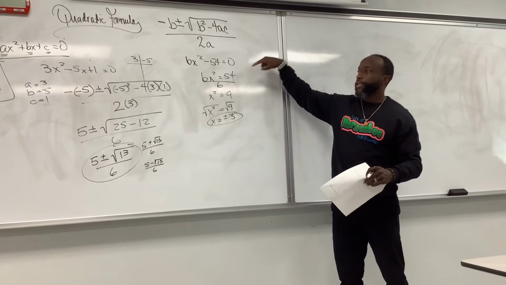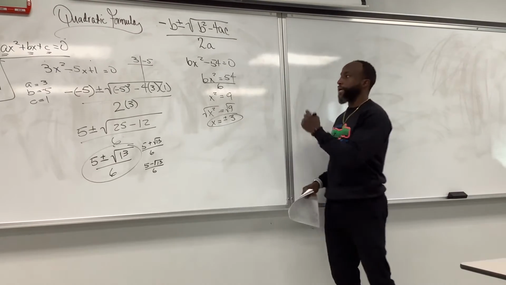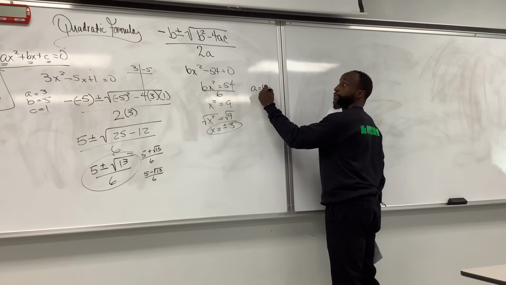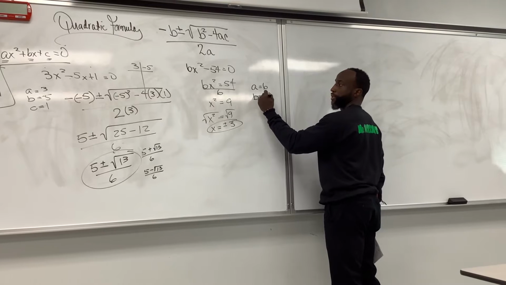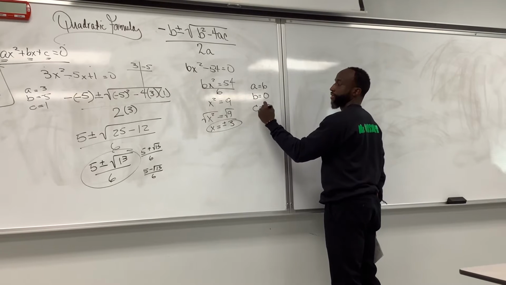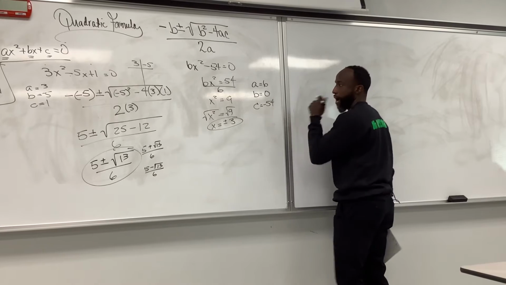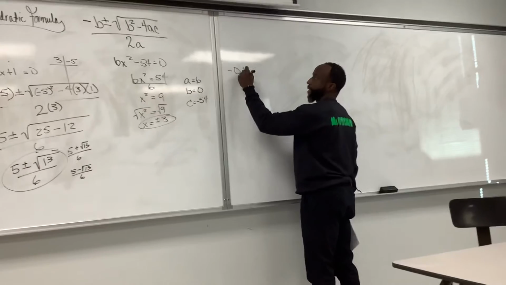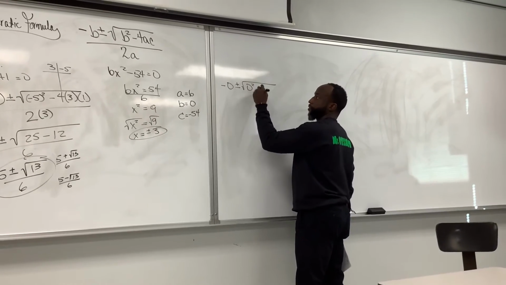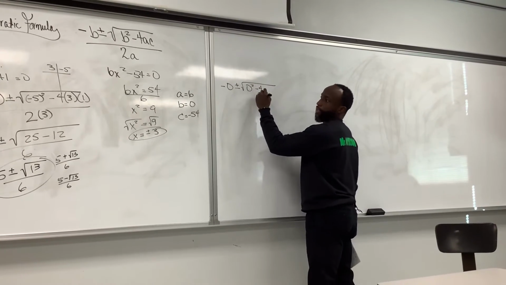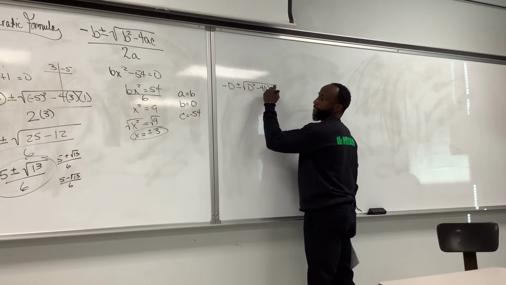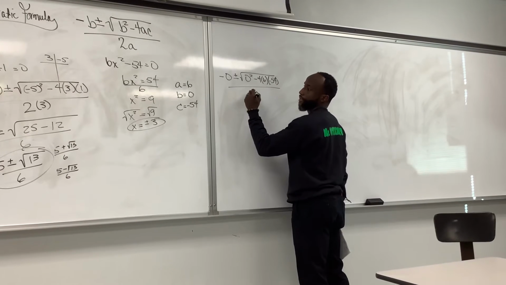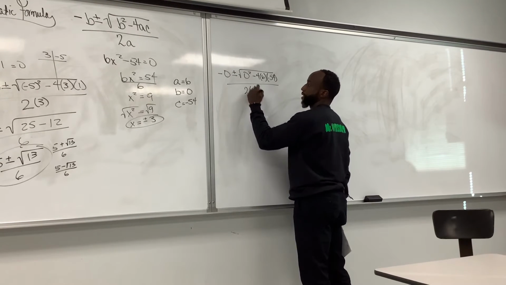But let's do it using the quadratic formula now. So here, what's a? 6. What's b? 0. And what's c? Negative 54. Let's put it in the formula: negative b plus or minus the square root of b squared minus 4ac, all over 2 times 6.